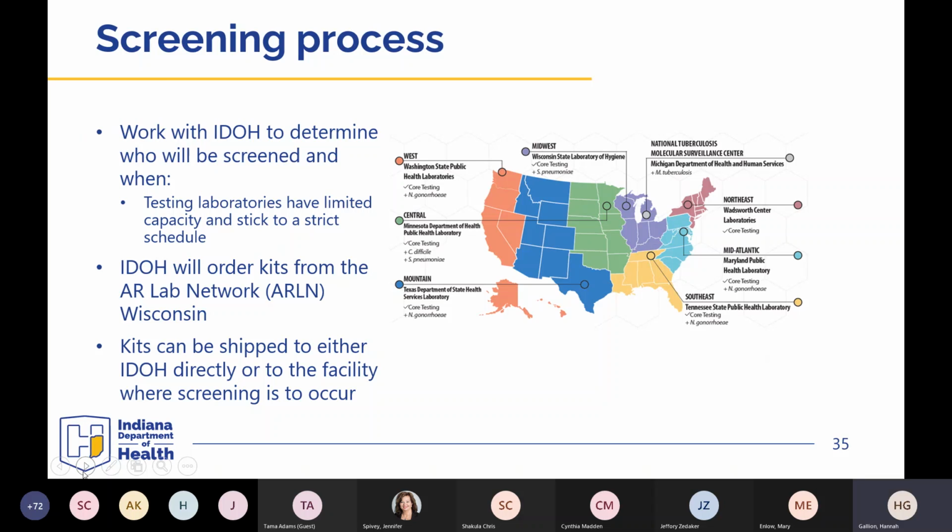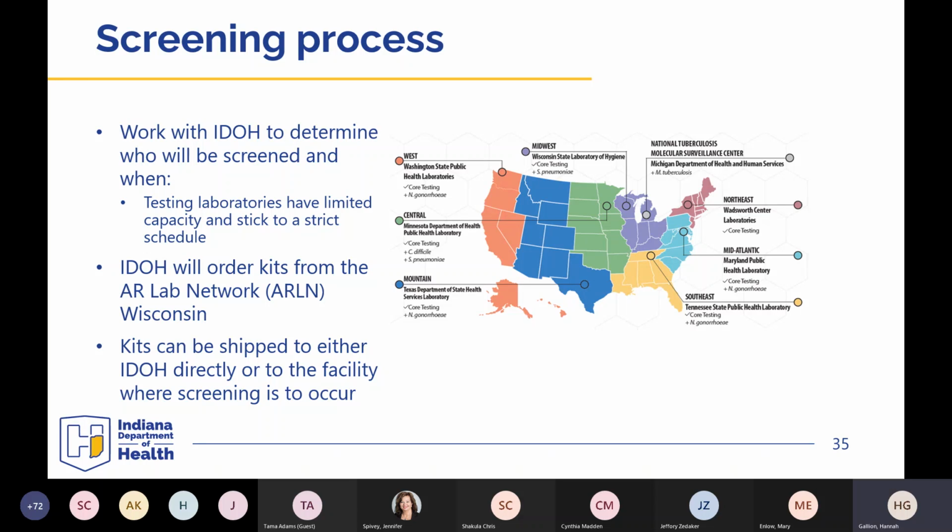Some of you may be familiar with IDOH's screening process and the Antimicrobial Resistance Lab Network, or ARLN, if you have participated in a CPCRE or Candida auris screen. If you are participating in a screening, kits can be shipped directly to your facility.